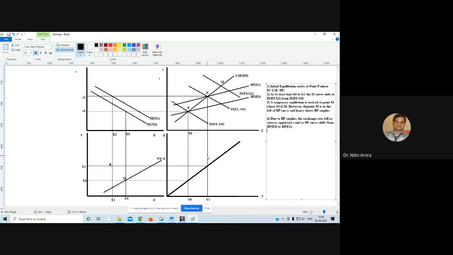Okay, the change in exchange rate will also shift the IS curve from IS E naught G1 to IS E1 G1. That is downward, right? That is downward.